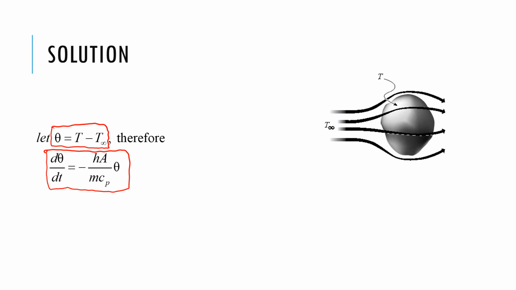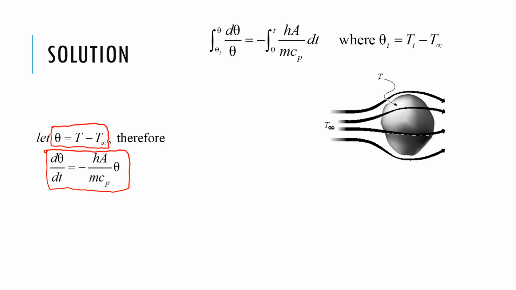And to solve it, we bring the thetas on one side, so d theta over theta, and t on the other side. These quantities h, A, m, c p, they are all constants, and I changed the limits. It was Ti before, so now it's theta i, where theta i is simply Ti minus T infinity.